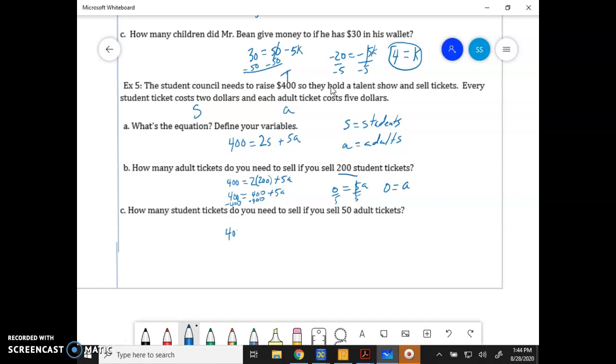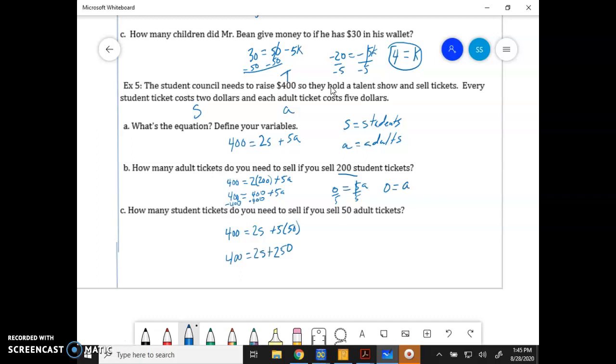So same thing here. We're going to do 400 is equal to 2s plus 5 times 50, because that's the variable that changed. So we just go ahead and solve here. We get 250, drop everything else down, 2s plus 250.